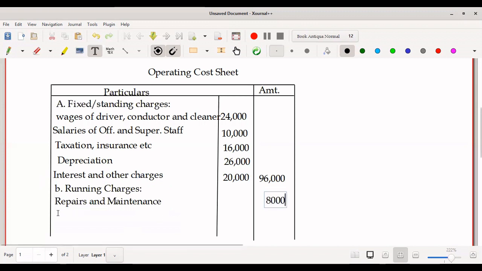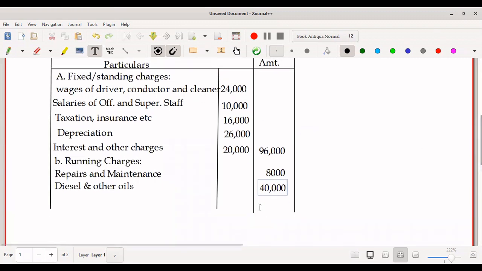And diesel and other oil, the amount given is 40,000. Let's see the total here.